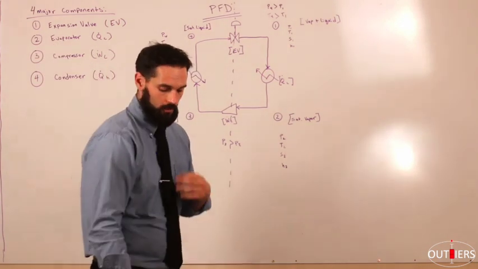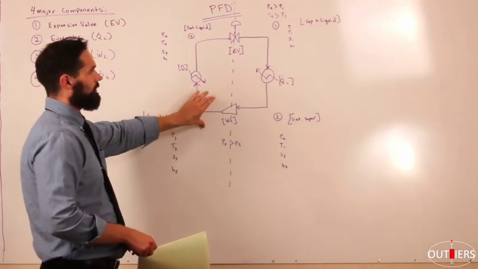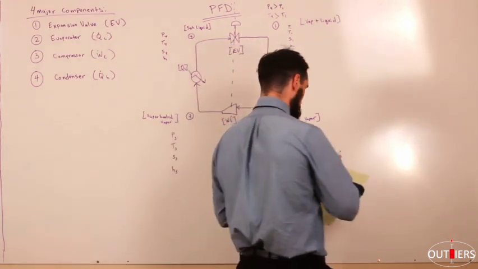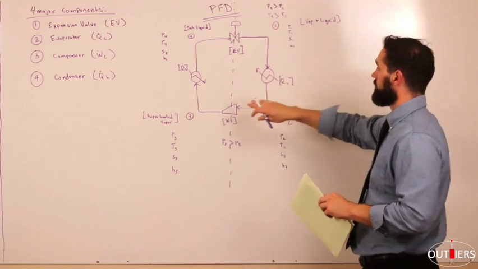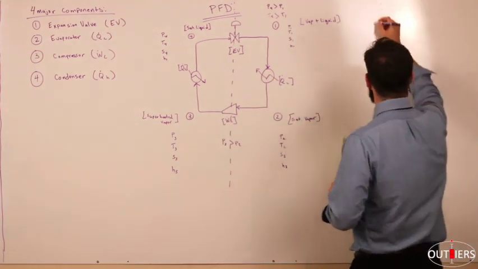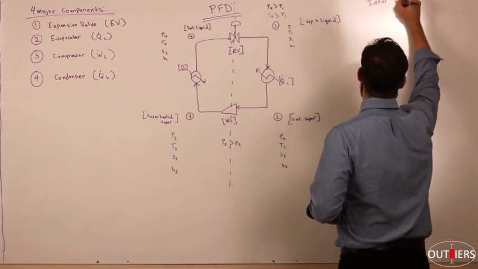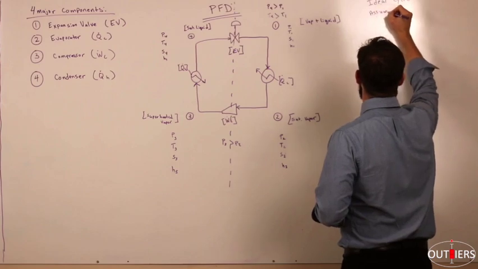Okay? So let's go through some assumptions that we're going to need to make in order to build our ideal cycle. We're really going to walk away with 5 major assumptions. Most of the assumptions are going to be around the major pieces of equipment. So let's look at these. I'm going to put up here, ideal cycle assumptions.